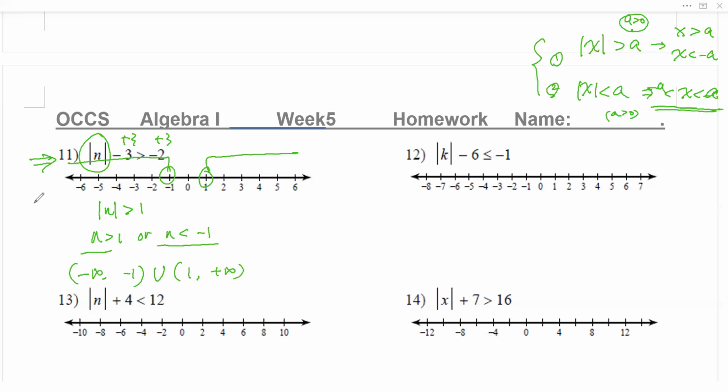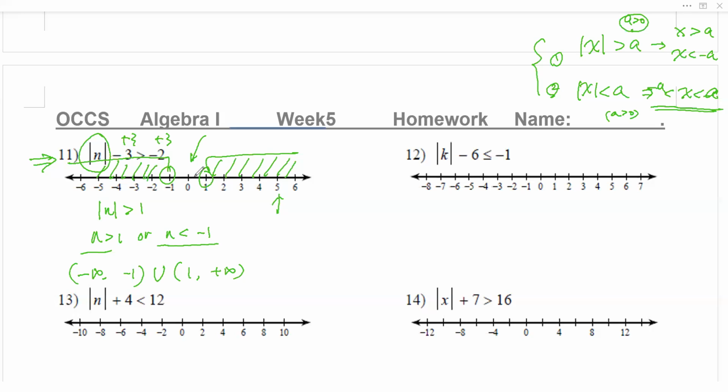You can check by picking any number in these areas to see if it makes sense or not. Something like here, you can pick a 5. Absolute value of 5 is 5. 5 minus 3 becomes 2. 2 is definitely greater than -2. So it makes sense. If you pick a number in between, it will not make sense. Let's pick 0. Absolute 0 is 0. 0 minus 3 becomes -3. -3 cannot be greater than -2, right?